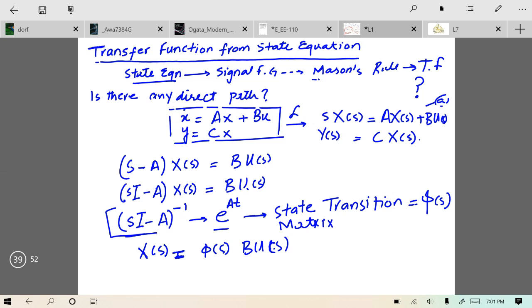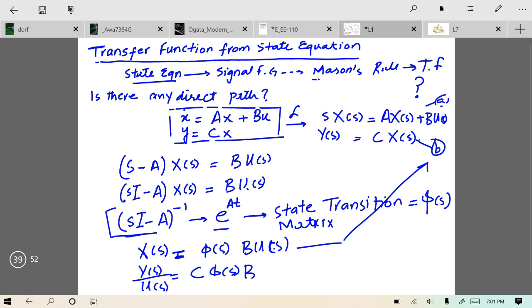Now put this in the output equation. You will get Y of s over U of s equals C phi of s into B.